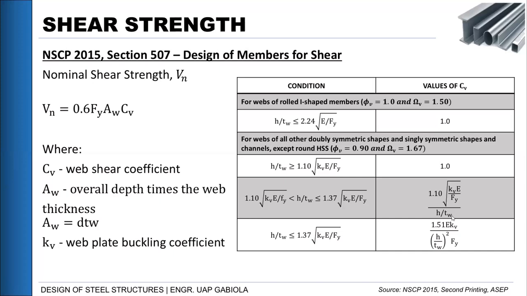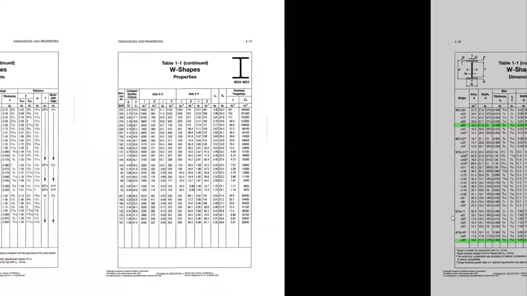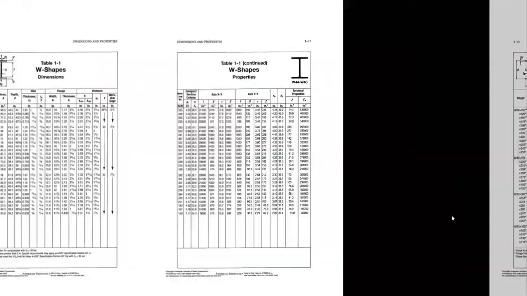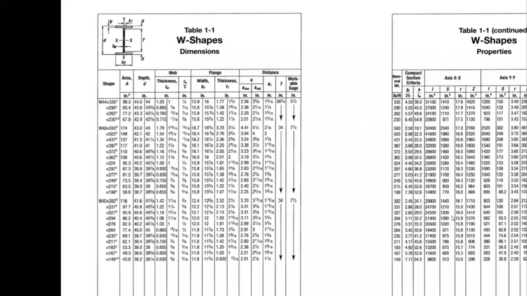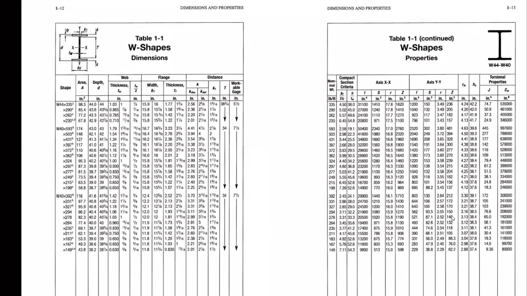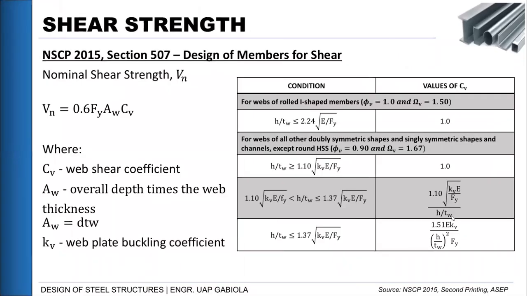Let's check nga dito sa W shape natin, depth, largest is 44 inches lang. So that is around 1.1 meters lang. So kaya nangyayari pag bridges ang pinag-uusapan natin, built up yung section natin. Kaya nagkakaroon na siya ng ibang performance sa shear, kaya doon siya mas nagiging critical.